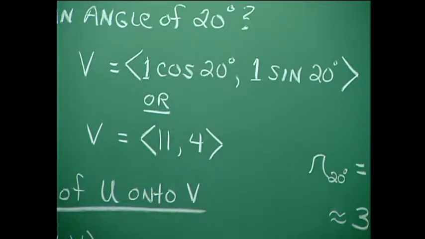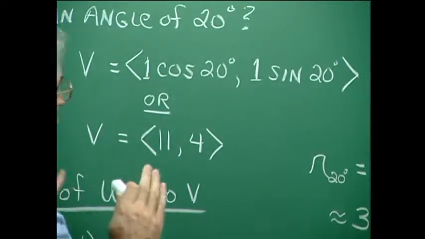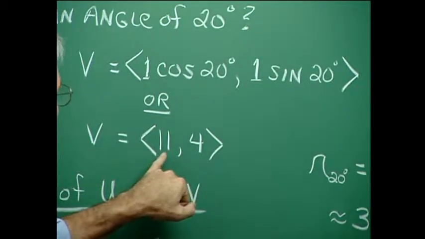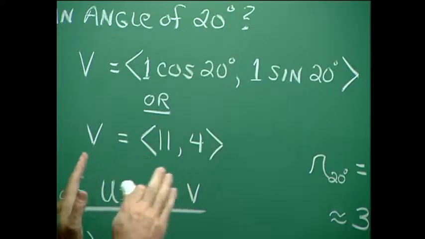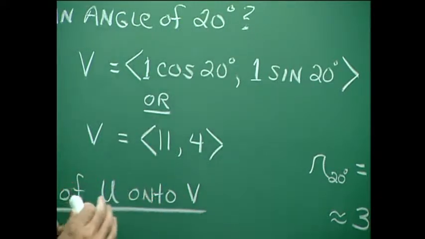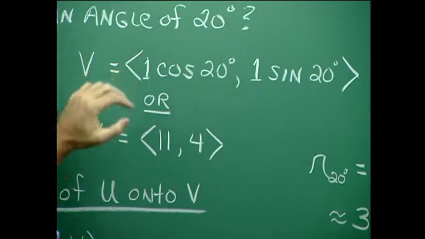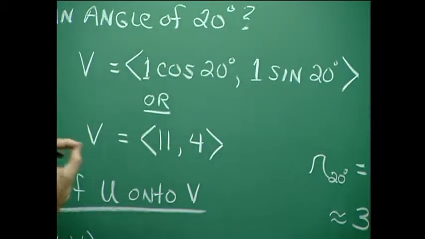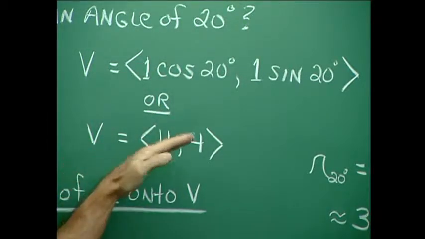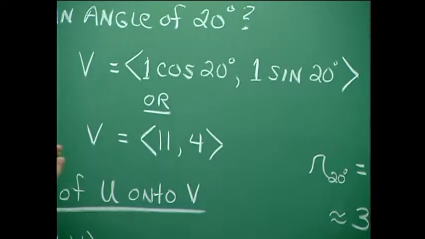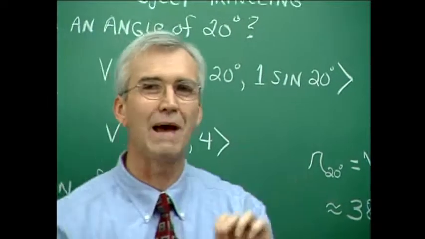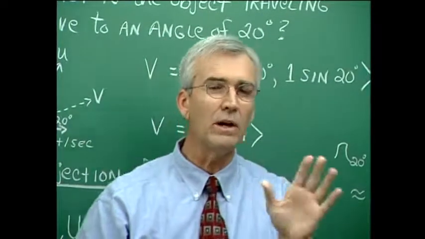Now, I'm not trying to get us to calculate the 11,4. Sometimes it'll automatically be given to us. What I'm trying to point out is that there may be a variety of ways of dealing with this vector that is going at this angle of 20 degrees. We really don't care so much about its magnitude.